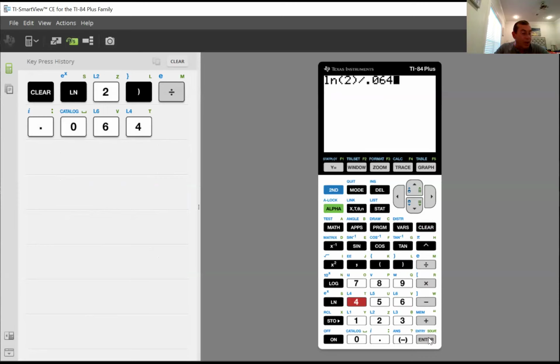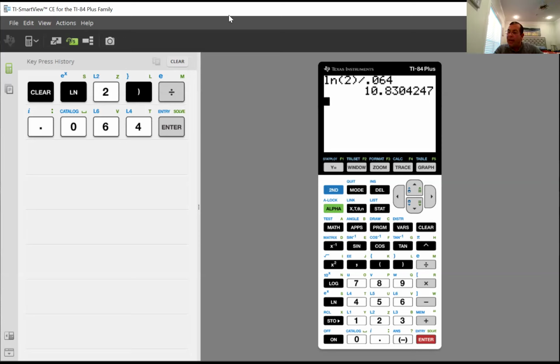Now we're looking for years, and they're rounding to 1 decimal place. So looks like I'm getting 10.8? Yeah, because that's a 3 after the 8, so we'll keep that 10.8, which is almost 11 years for these people to double their money.